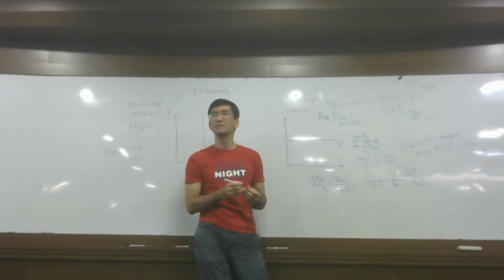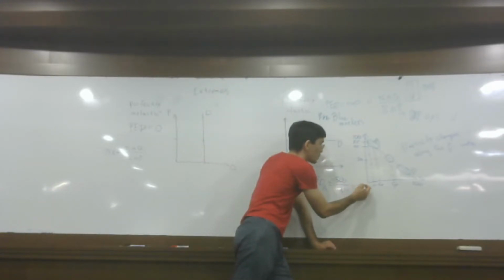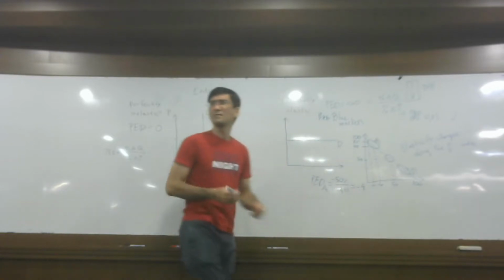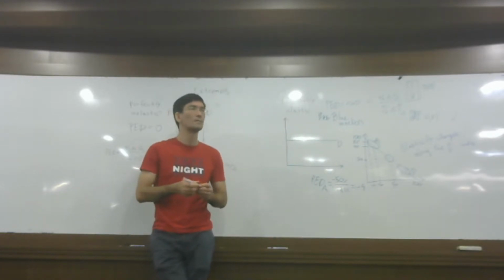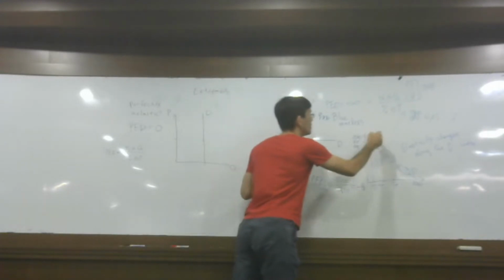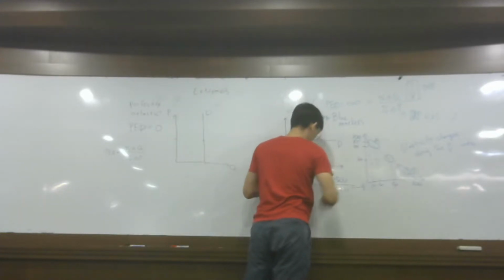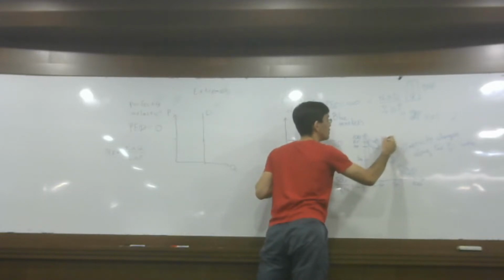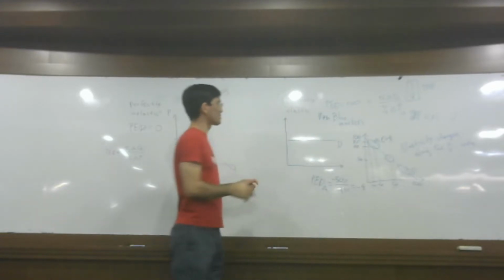So the whole elasticity is, I think, correct me if I'm wrong, a -4. 50 divided by 12.5, yeah, it is 4, right? Okay, so over here, elasticity is equal to 4, ignoring the negative sign.